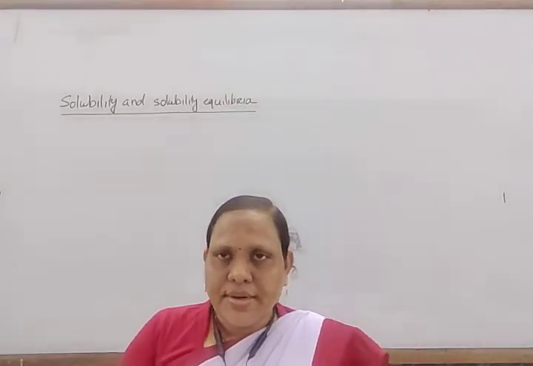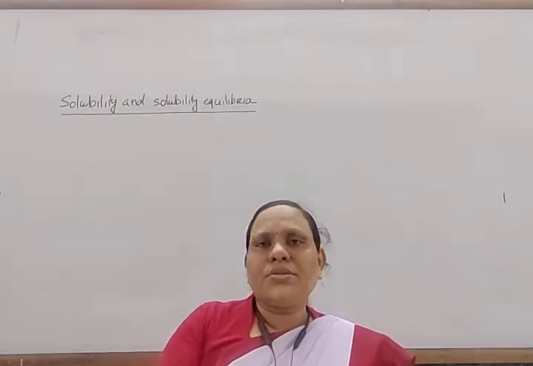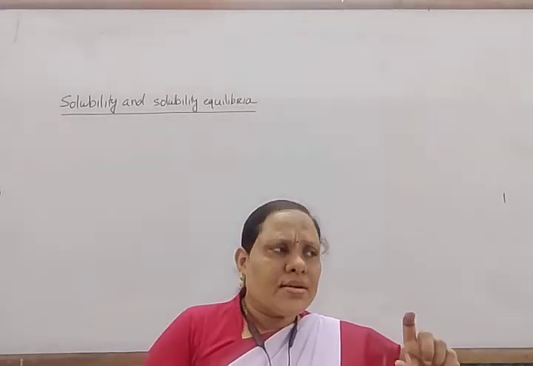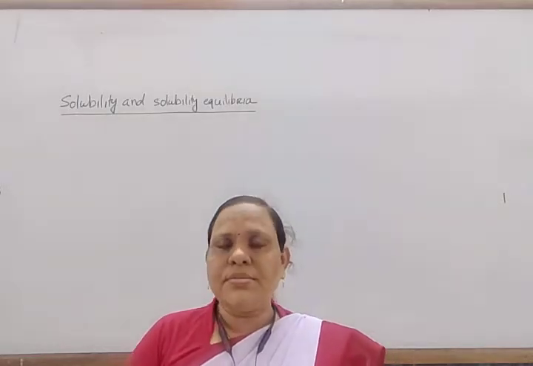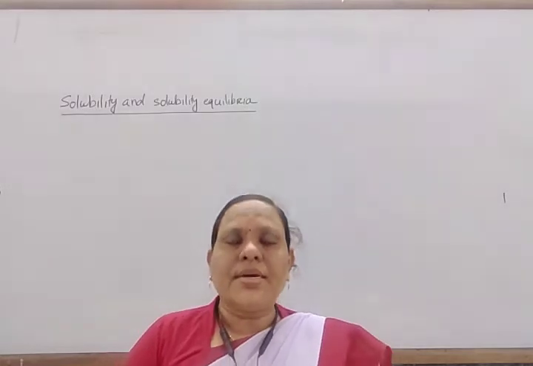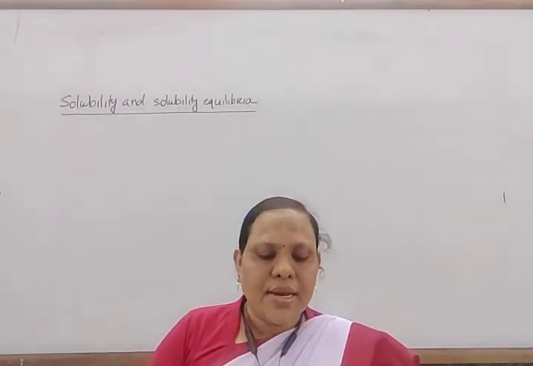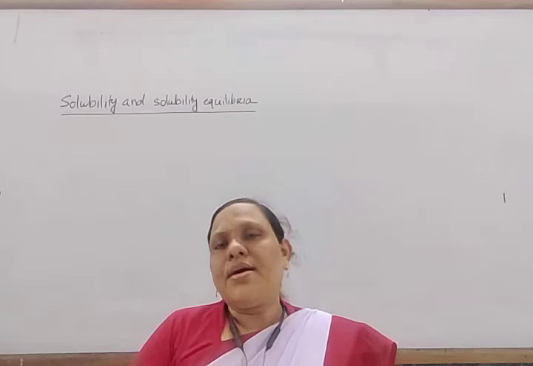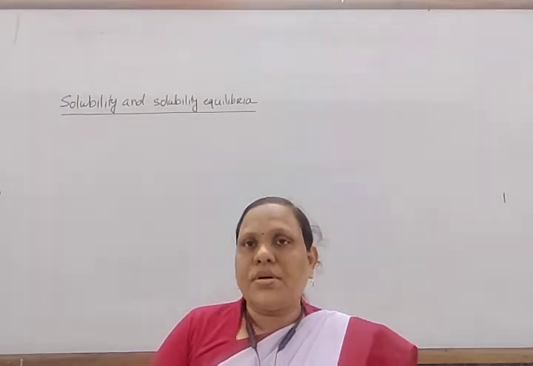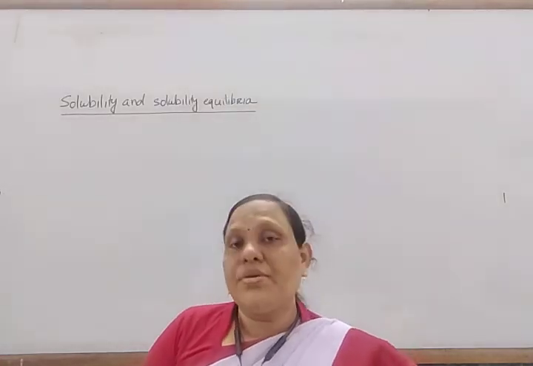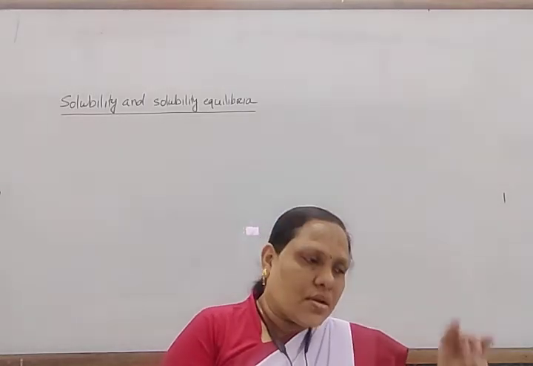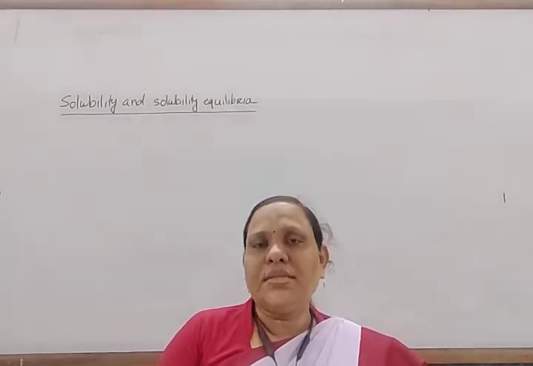When water is there and you add some solute to it and vigorously stir it, a condition comes when a little amount of solute remains undissolved in this solution, and that will remain below in the container. That solution, in which a little amount of solute remains undissolved, is known as the saturated solution.